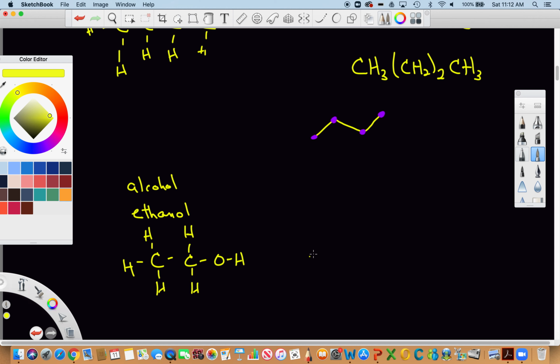And this is the formula for ethanol. The condensed would be CH3, CH2, OH.